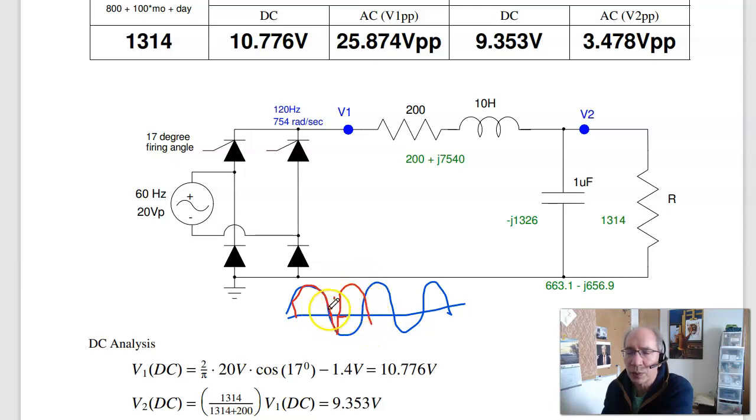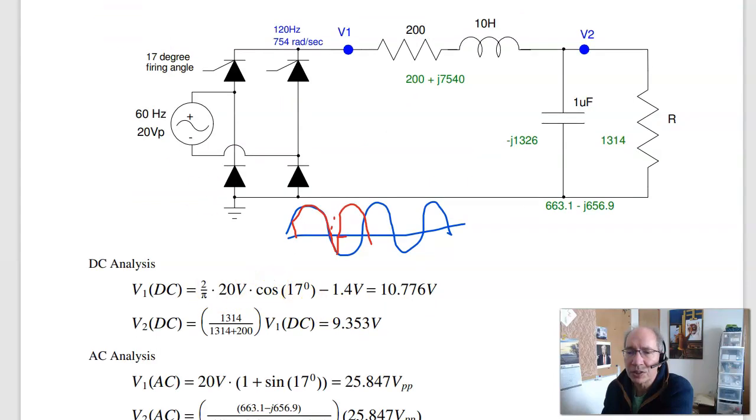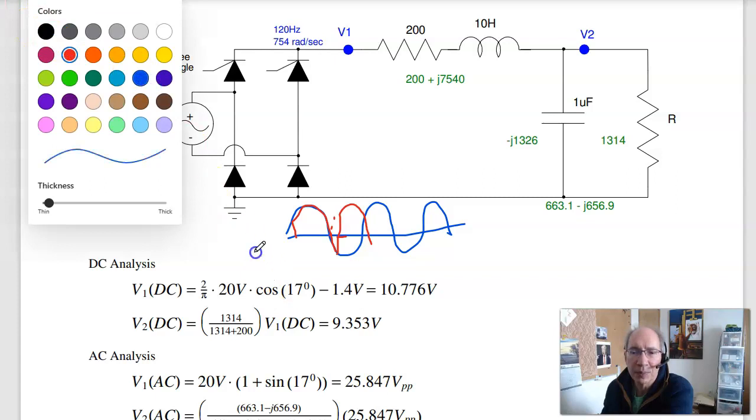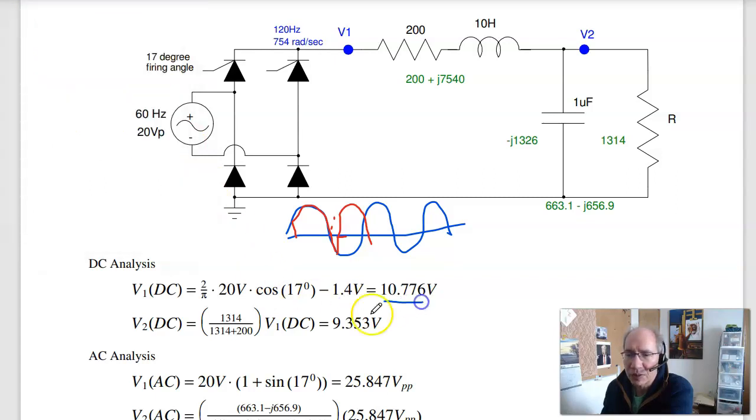So there's your waveform. The average, this is the equation for the average from Bison Academy, is 10.77 volts on average. Once I know the DC voltage of V1, I can find the DC voltage of V2 using voltage division, 9.35 volts. The peak-to-peak voltage, roughly, is this distance.